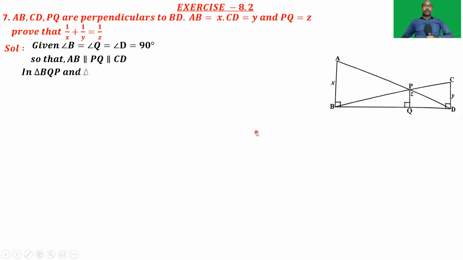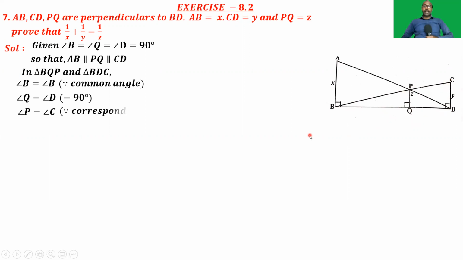So take triangle BQP and triangle BDC. Angle B is equal to angle B, which is the common angle. And angle Q is equal to angle D is equal to 90 degrees. And also angle P is equal to angle C, corresponding angles.